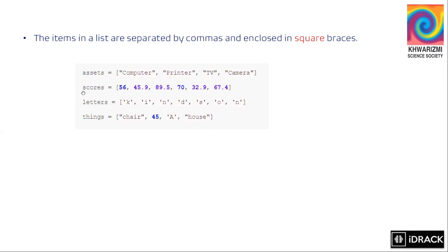The same way for a list named scores, for a list named letters. So again, this is also to tell you that you can use either double quotes or single quotes. It doesn't matter because for Python, both of them would be considered strings. And now this is like a list that has a combination of strings and digits. So a list can have either.